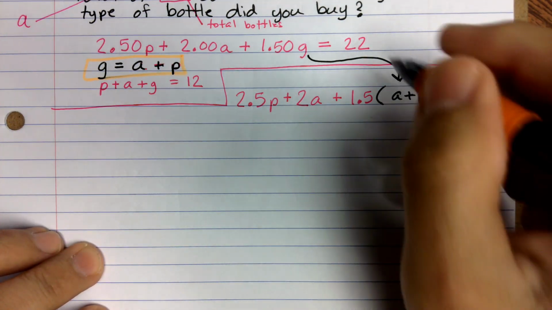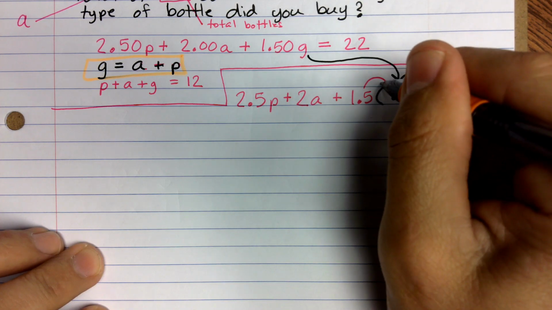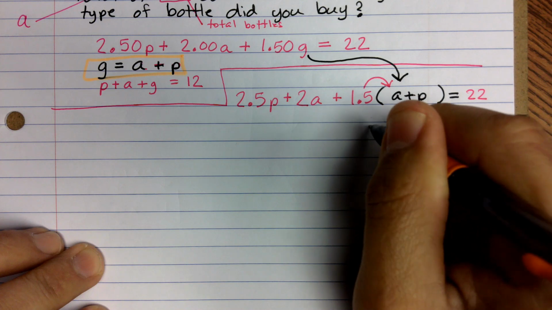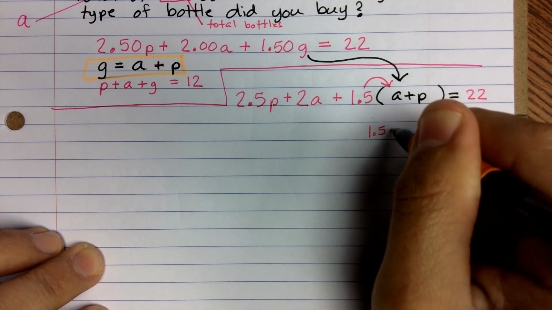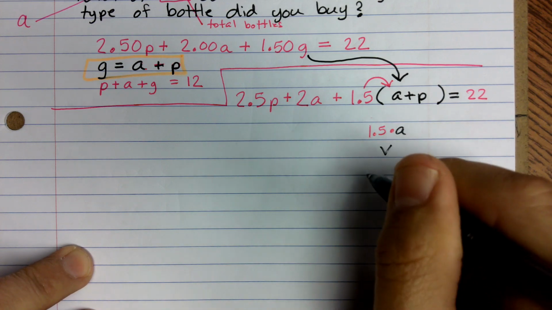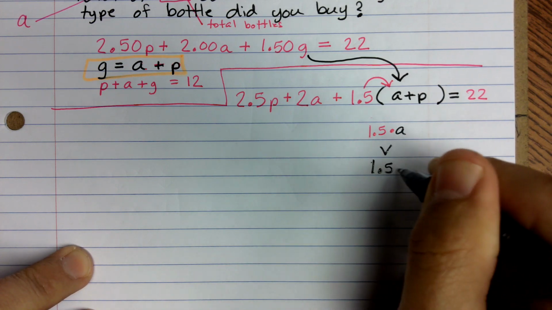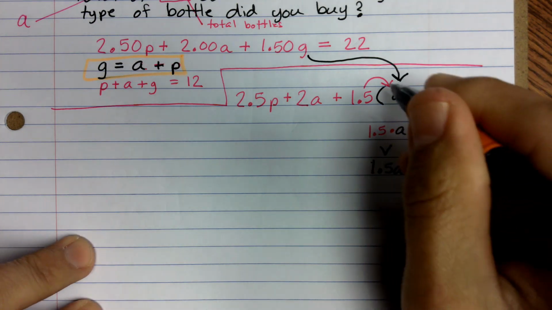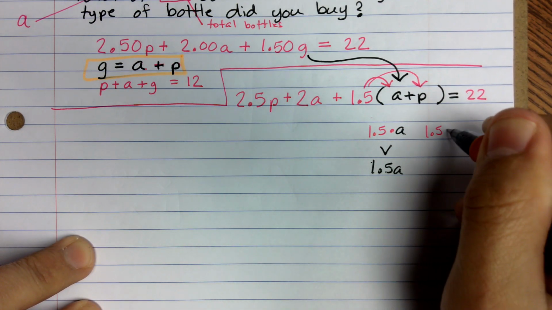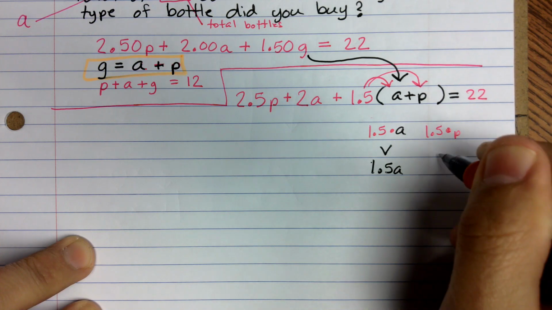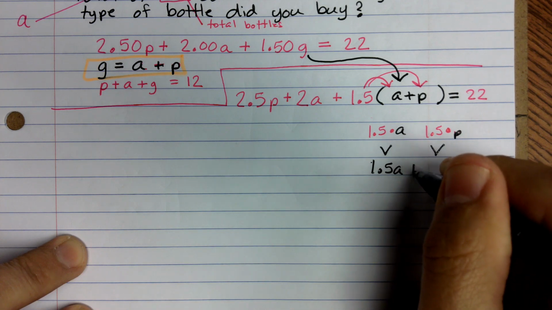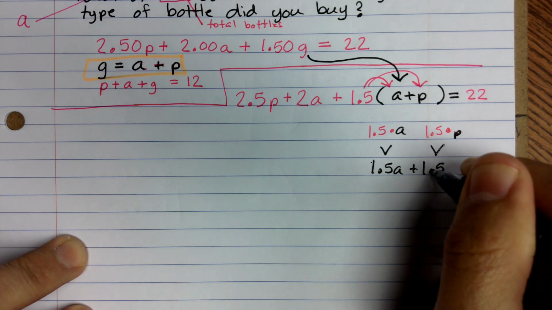The first thing we want to do is distribute the 1.5. So I end up having 1.5 times A, so that's going to give me 1.5A. And then we have 1.5 times P, and that's going to give me a positive 1.5P.